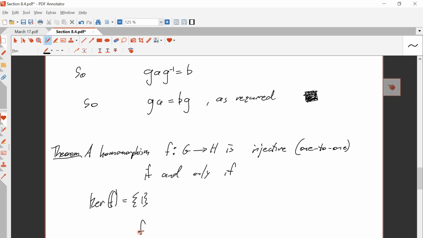Okay, we know that f of the identity is equal to the identity. We know that that's always the case, right? So we always know that the identity is in the kernel. So kernel f is equal to 1, right, for H multiplicative.